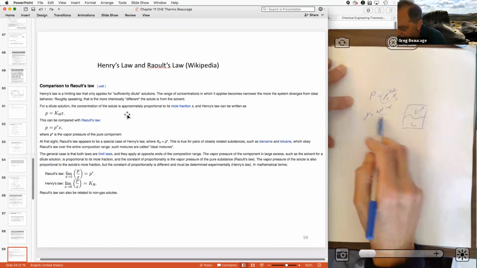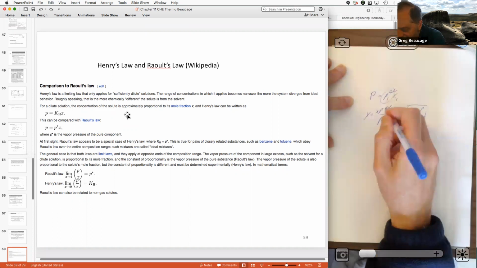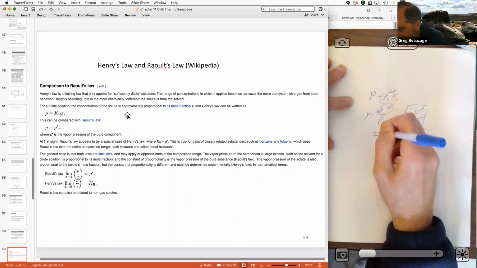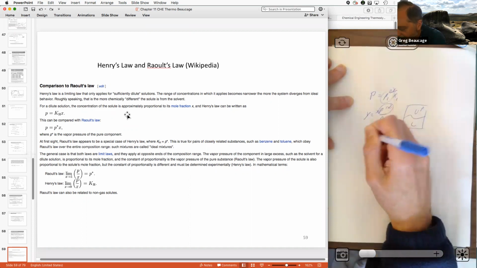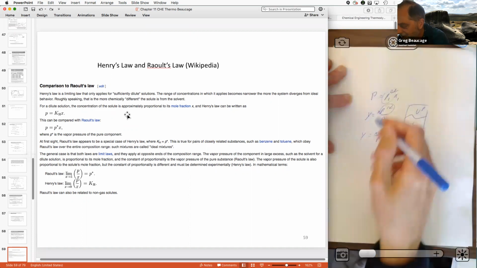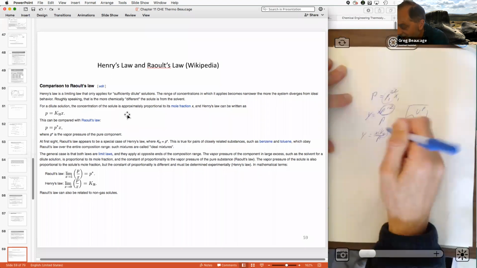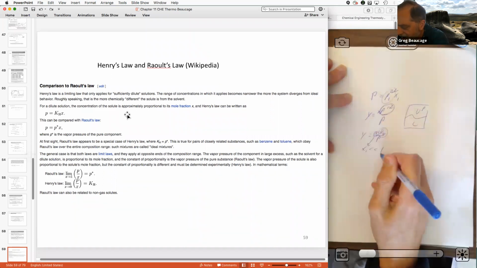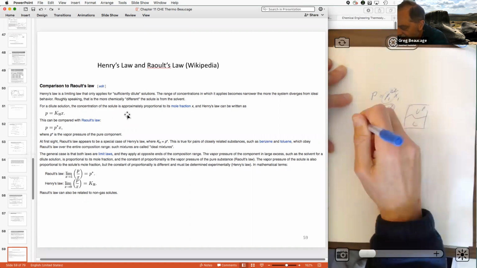But if it's Henry's law, you don't use p sat. You use some arbitrary number, right? Some Henry's law constant to get the vapor composition. Same equation. One uses p sat, one uses K. It's because when your x is so small, x here is much less than 1, and here x is about 1.